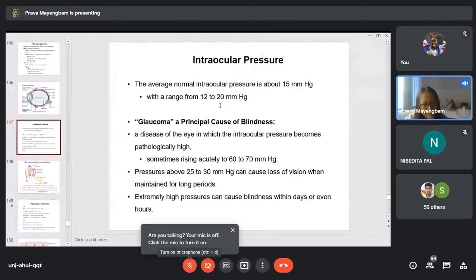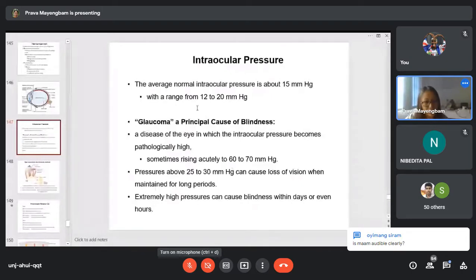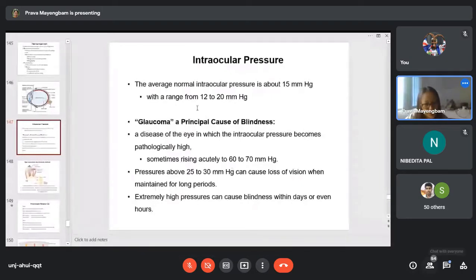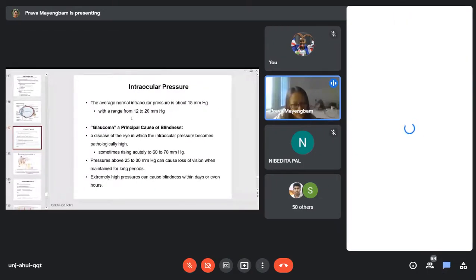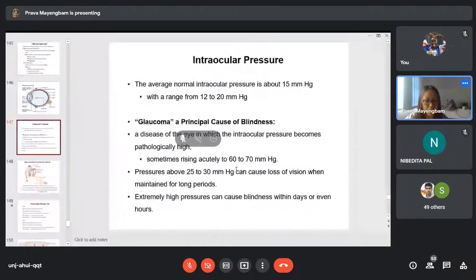Sometimes it may rise to 60 to 70 mmHg instead of remaining in the range of 12 to 20. In such conditions, there will be blindness. If the pressure is extremely high, there may be instant blindness within a few hours.